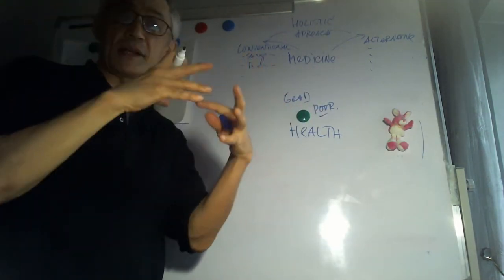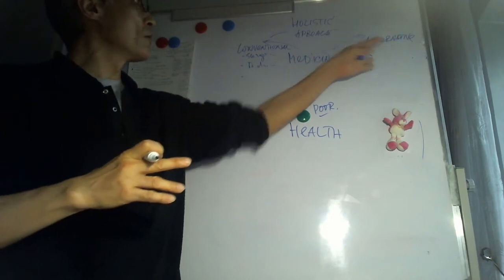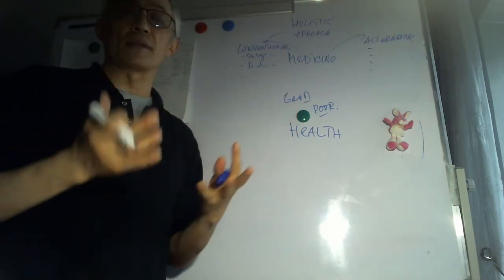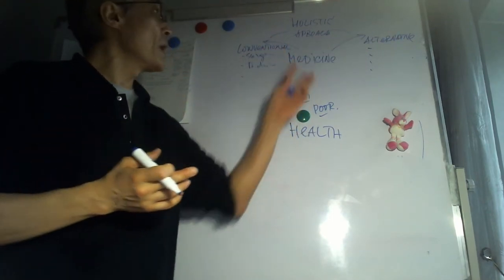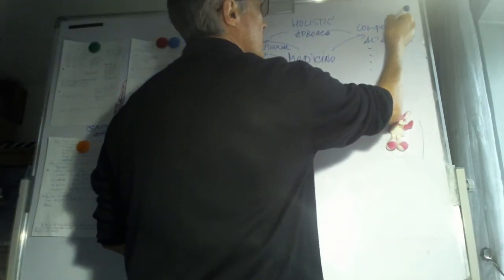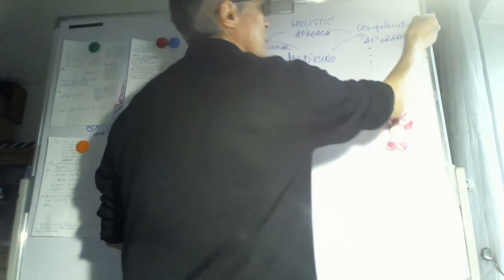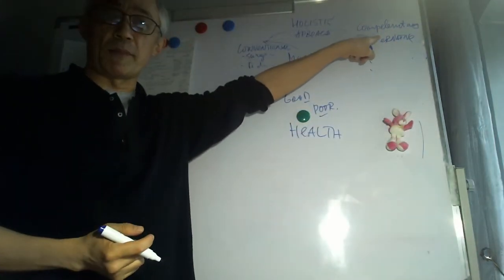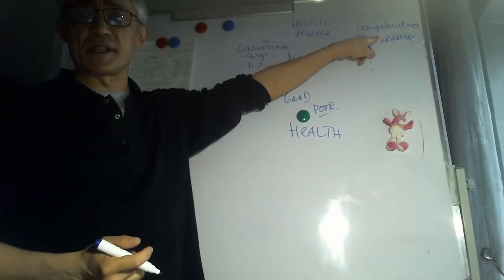That means it considers all these parts as parts of one single entity. So alternative in this case can be considered as complementary medicine. Remember, we considered this issue, complementary medicine, in our article on the placebo effect.